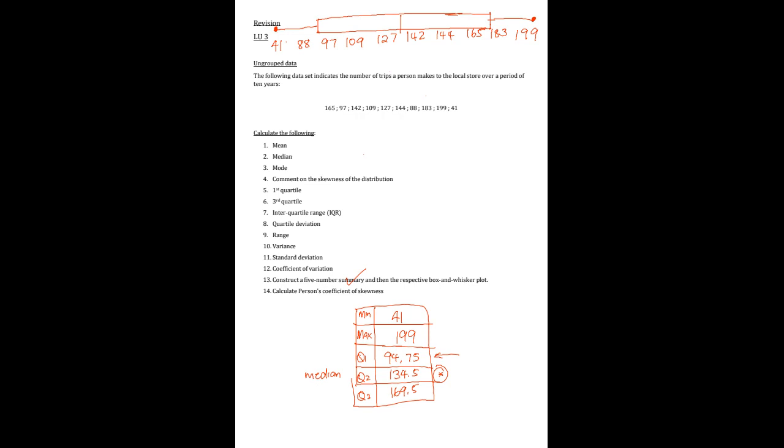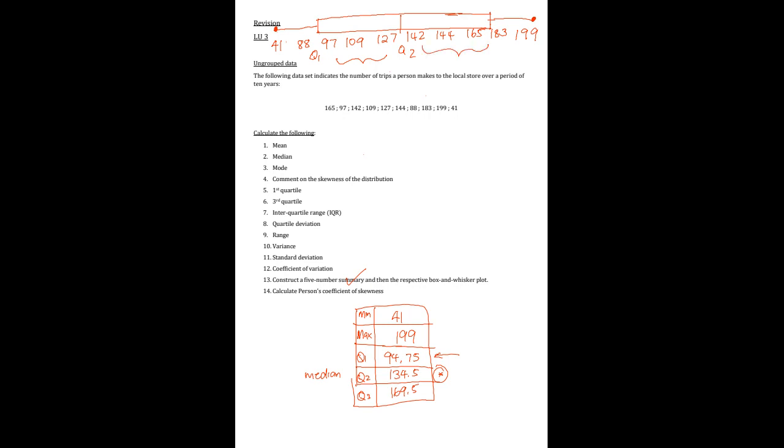So here, if you look at this, it seems to be leaning a little bit more towards the right. But even if you can't tell easily, you can work out the difference between Q1 and Q2, and then the difference between Q2 and Q3.